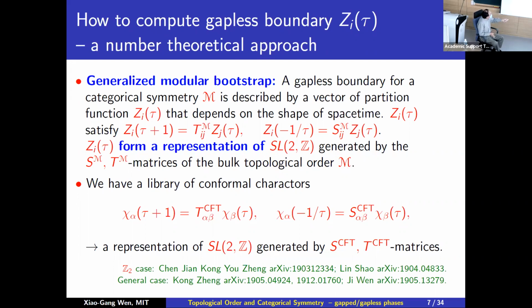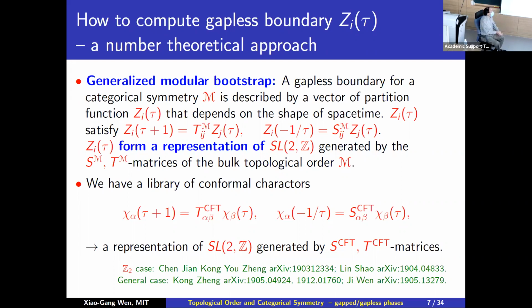You can see this one is mathematics, no physics. And this chi is just a polynomial of q's. People construct those q's, which happen to come from a known representation. So no physics, it's just that we know a library of those functions of tau, which transform under all kinds of TCFT and SCFT.